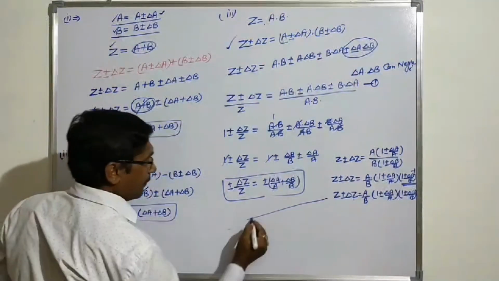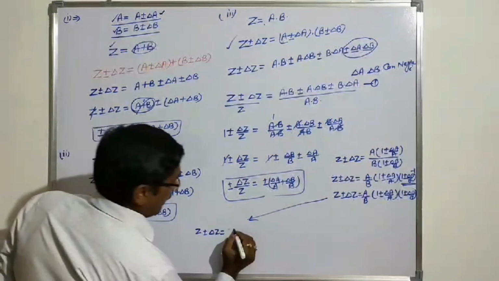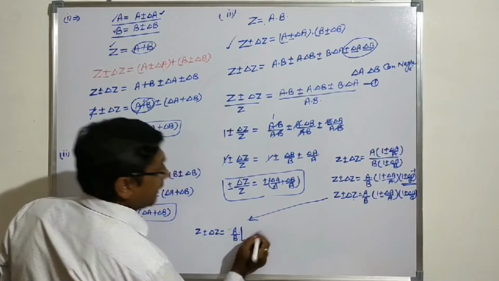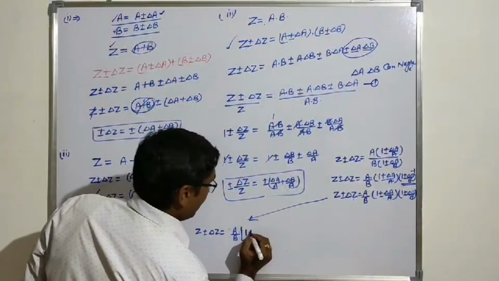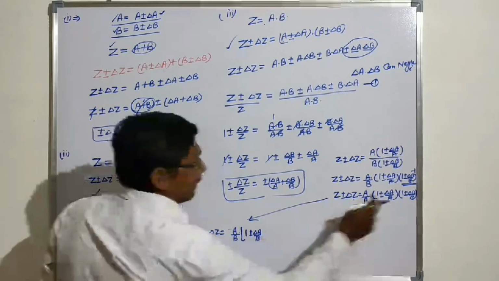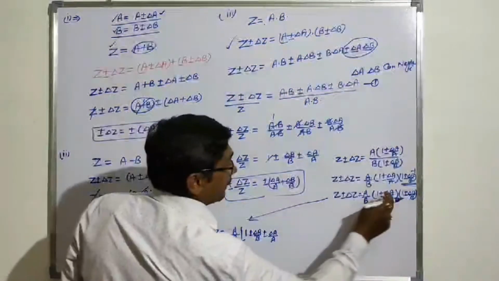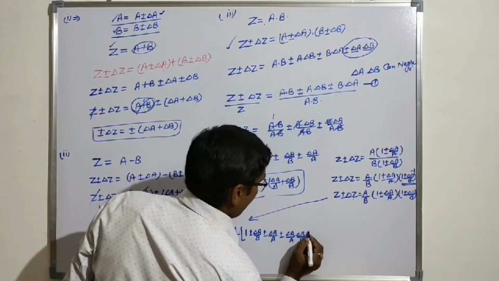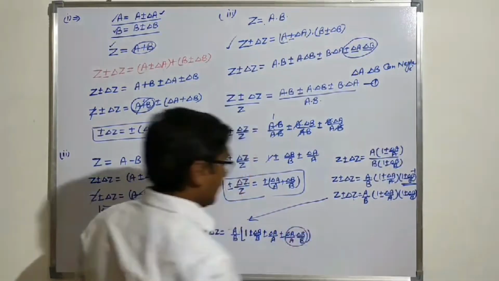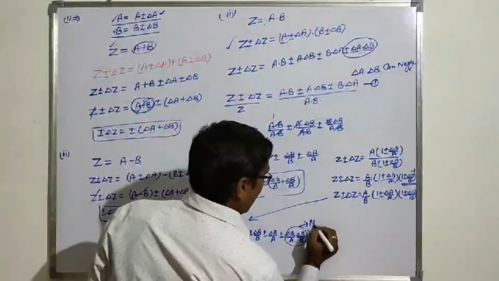Here z plus or minus del z is equal to a upon b bracket multiplied by 1 into 1 is 1, 1 multiplied by plus or minus del b upon b, and del a multiplied by 1 plus or minus del a by a, and plus or minus del a upon a into del b upon b. This can be neglected because del a and del b are very minute values, so their product is also very minute. That's why this term can be neglected.